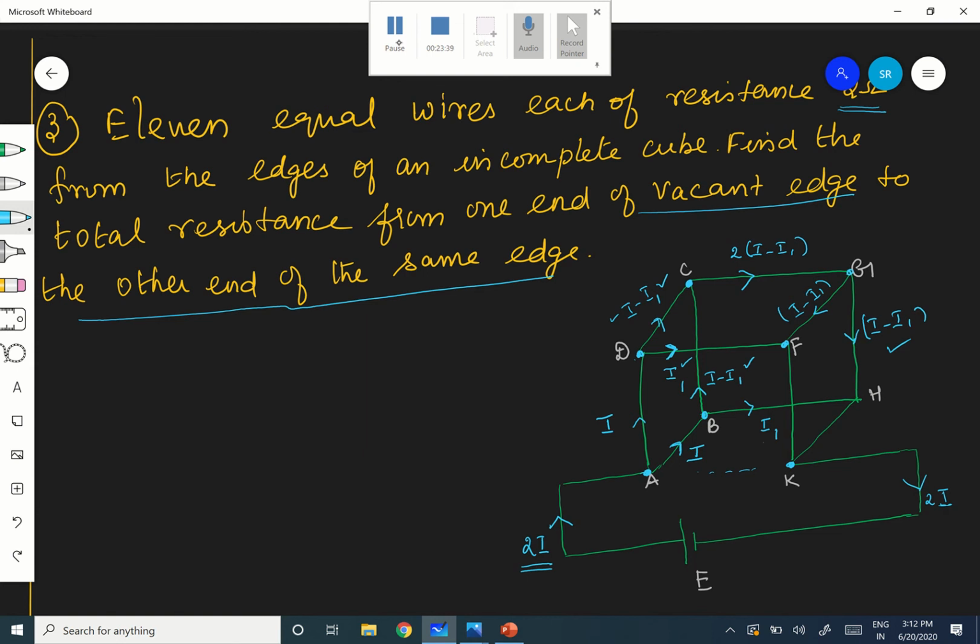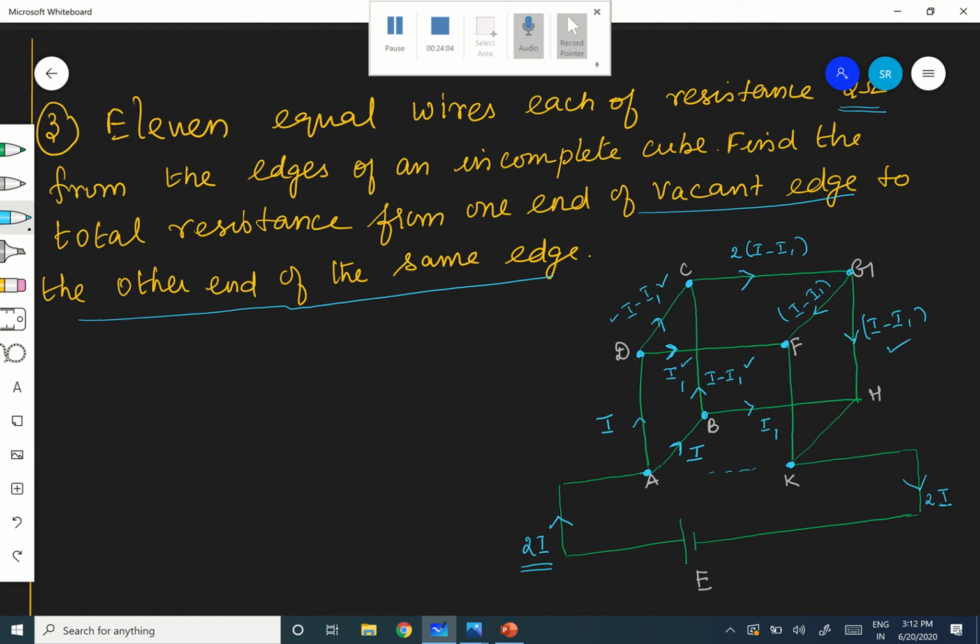Now, at F you see, I1 is entering and I minus I1 is also entering, na. Therefore, what should be the total current here? Tell me.